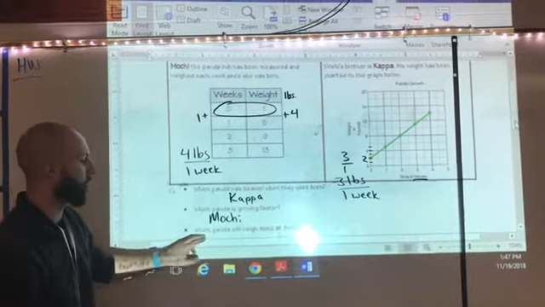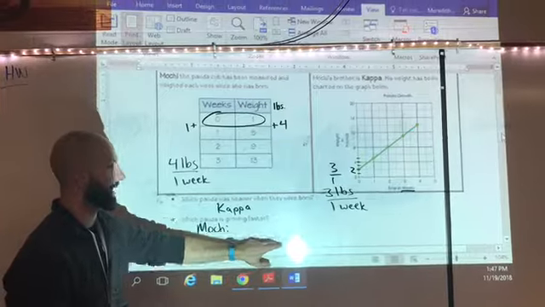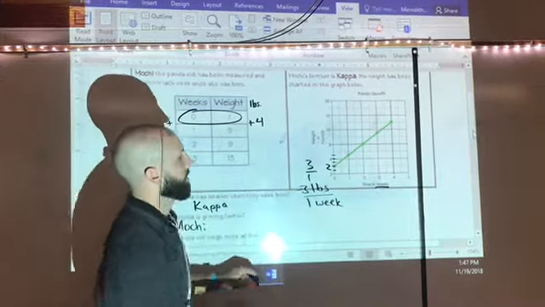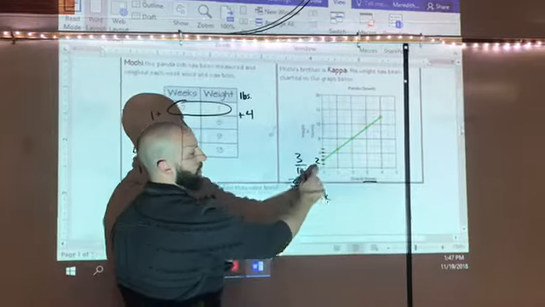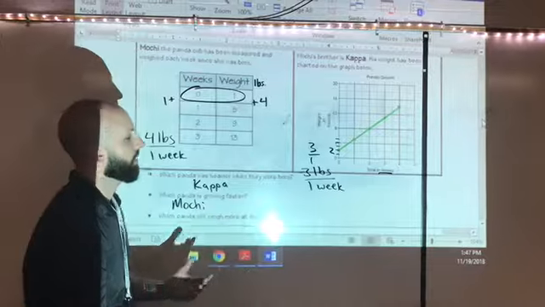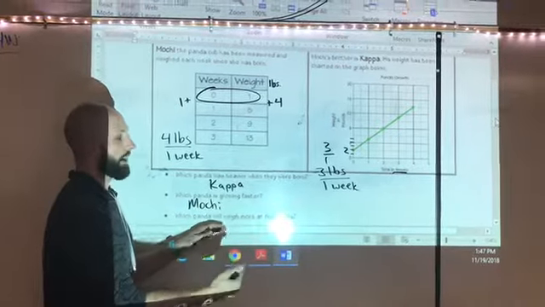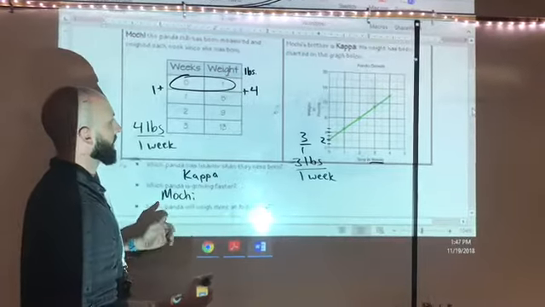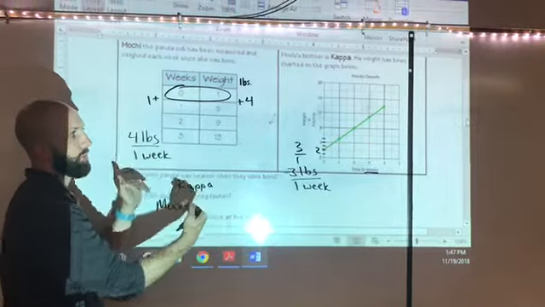And then the last one, which panda will weigh more at 5 weeks? Well, it's a projection. We could do this in 2 different ways. We could come up with the equation and then plug in 5, and figure it out that way, or you could just continue the pattern.